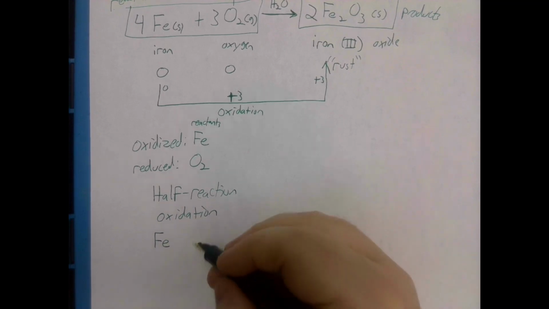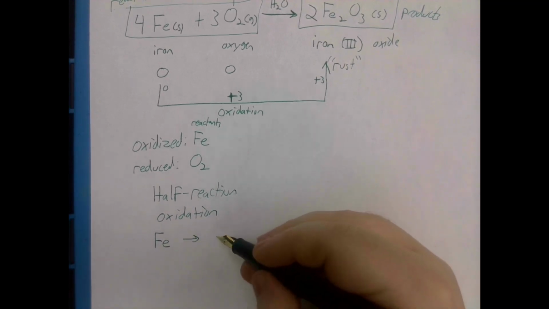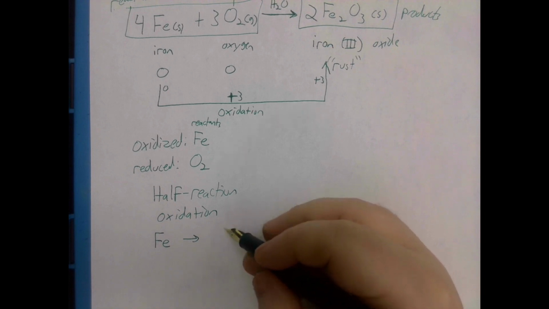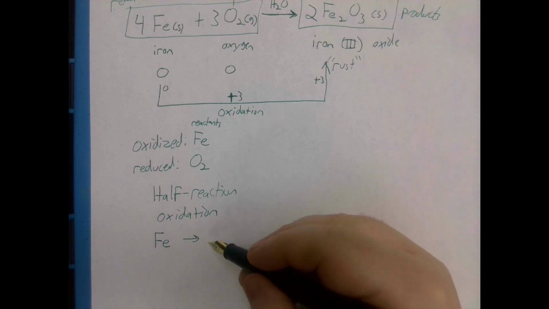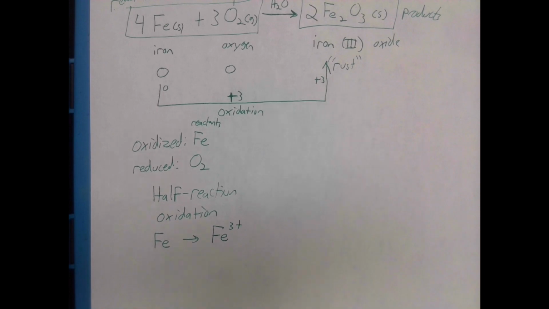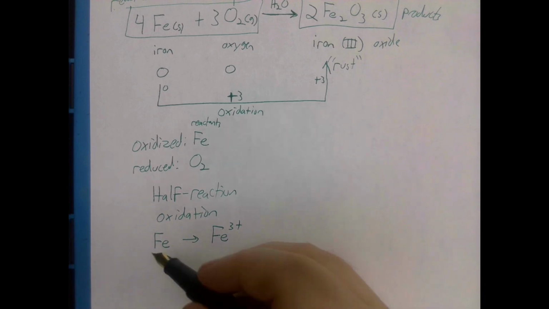So iron is becoming iron 3+. How's it doing this? How's it getting a 3+ charge? It's losing electrons.